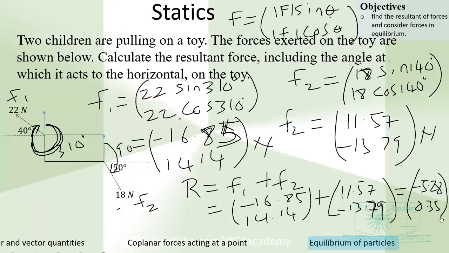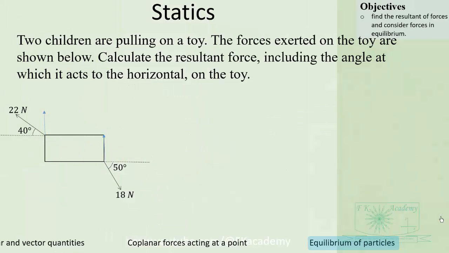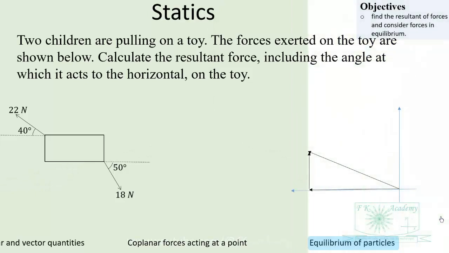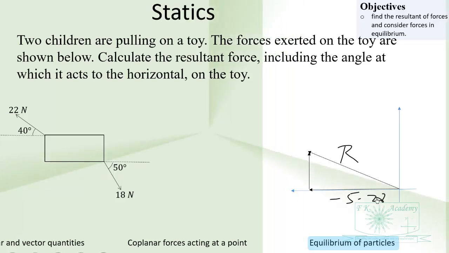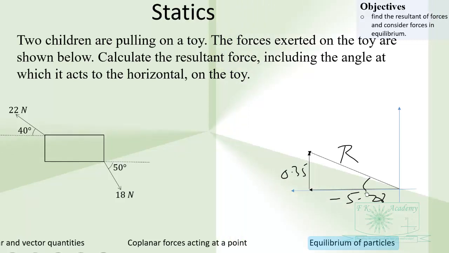So that will give us a force in the third quadrant. So this will be R. This will be negative 5.28, which tells us the direction. The negative tells us the direction. Then we have 0.35 here. So to find the angle that it is making with the horizontal, we have to use trigonometry.